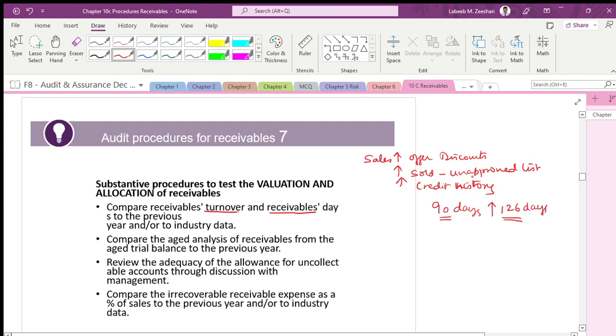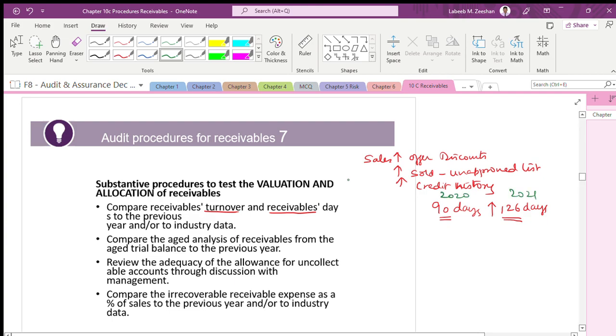You have to compare with last year. That is the purpose of calculating receivables turnover in financial accounting: within how many days we are recovering. We are comparing last year and this year.